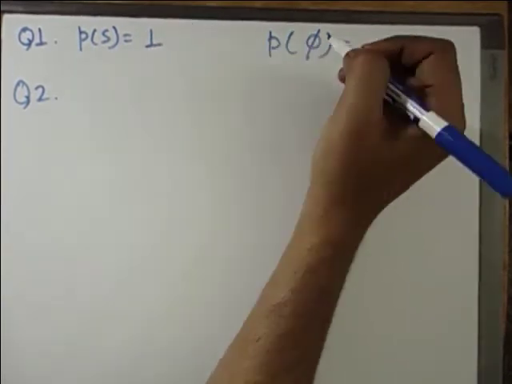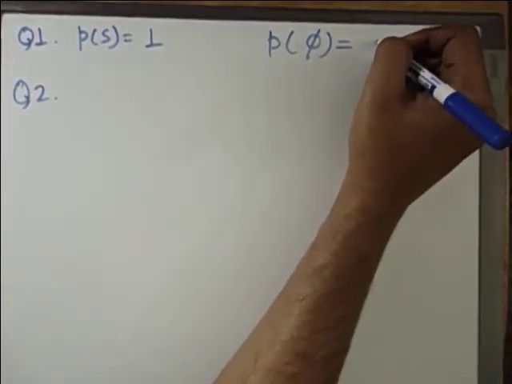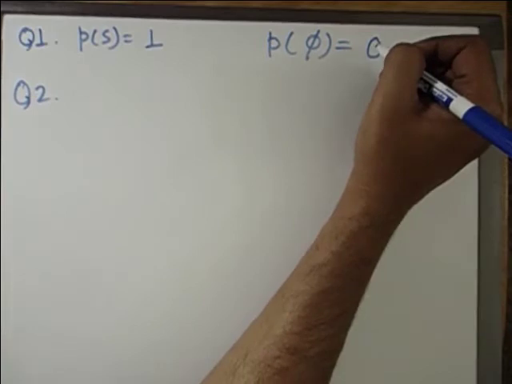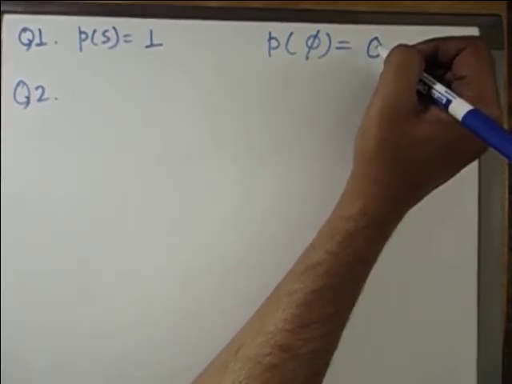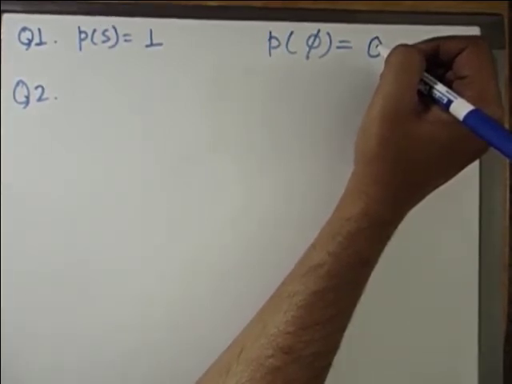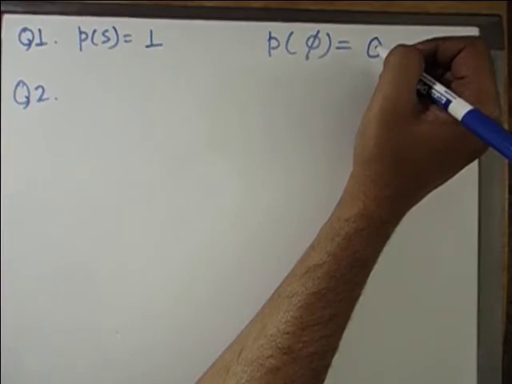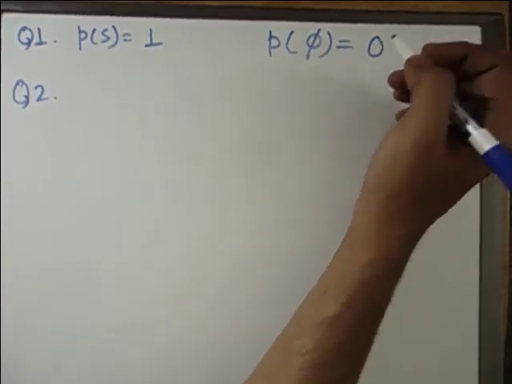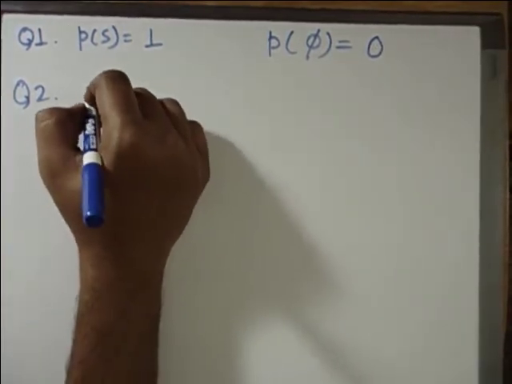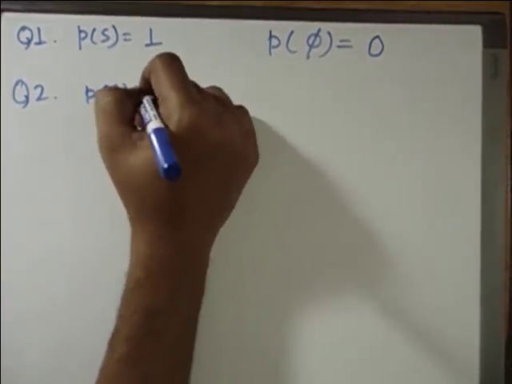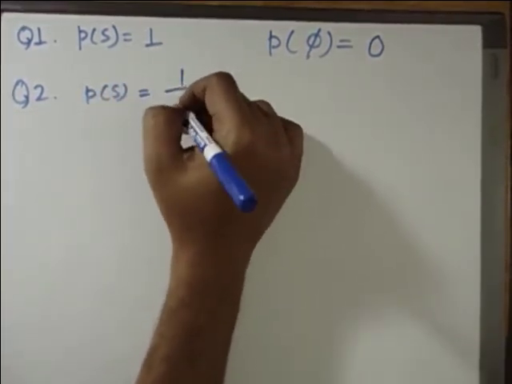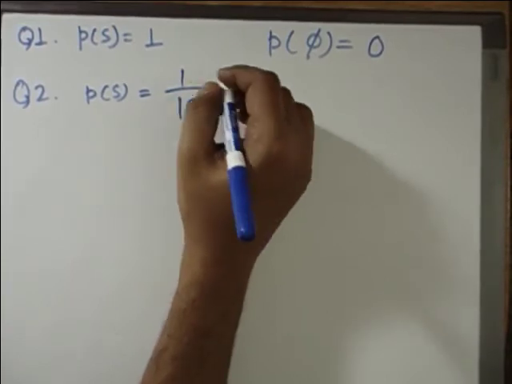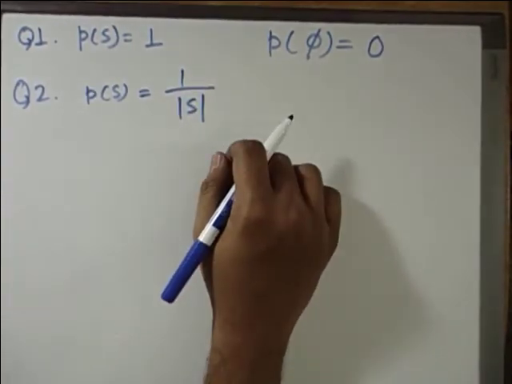If nothing is happening, then the probability is 0. Next question is, when the outcomes of S are equally likely, what is P of s for each s? Then P of s for each s is 1 over the size of S. That's the equally likely case.